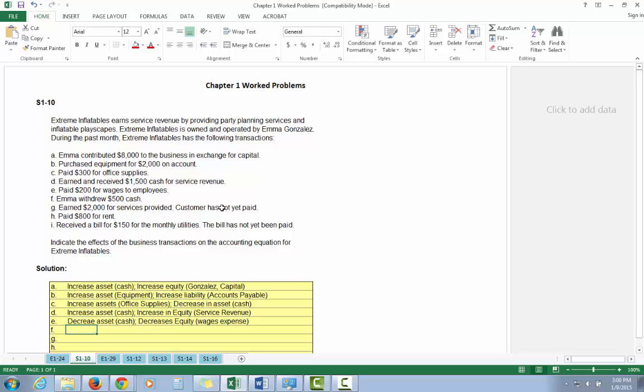Okay. All right, now let's look at F. It says Emma withdrew $500 cash. All right. So withdrawing means she's taking it out. So she's taking out cash. So we're going to have a decrease in asset, okay, of our cash.